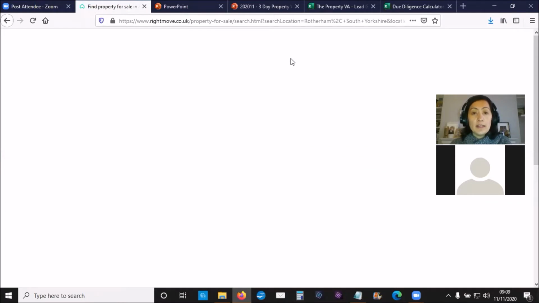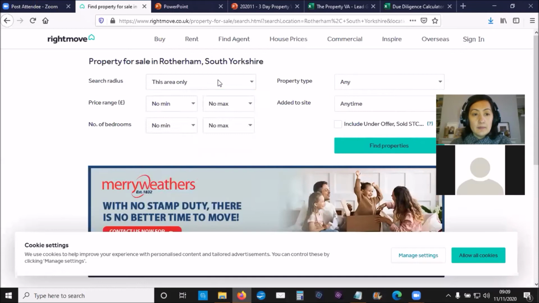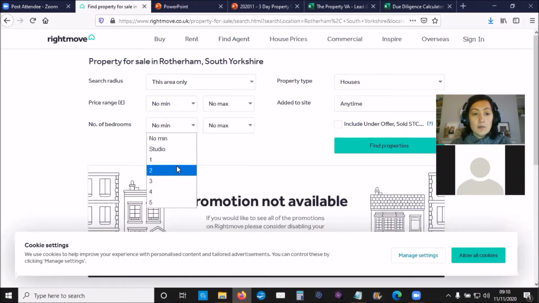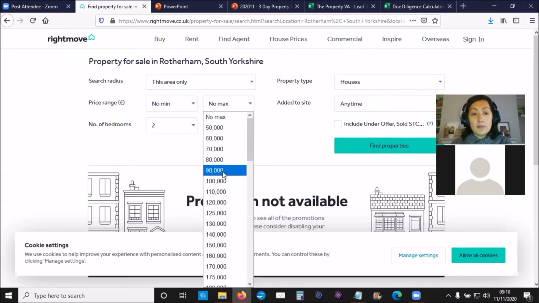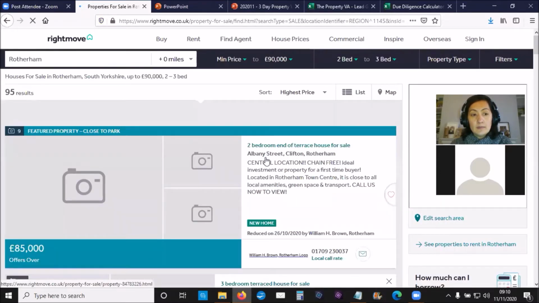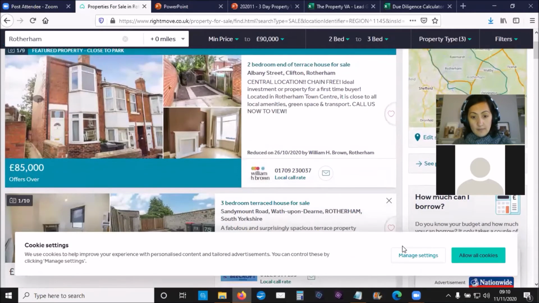We are going to find a terrace property. We'll find one that's between 2 and 3 bedrooms and a maximum of 90,000.